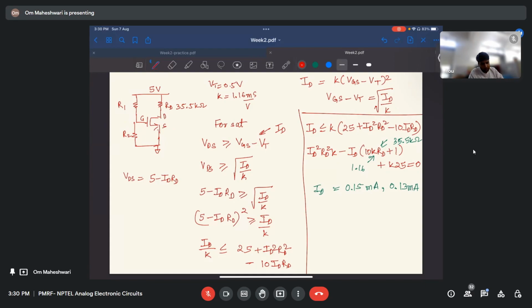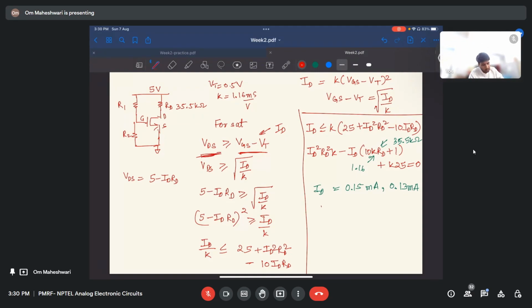So what we want here is that for saturation, VDS should be greater than VGS minus VT, right? So we will just see if VDS is coming out positive or negative.